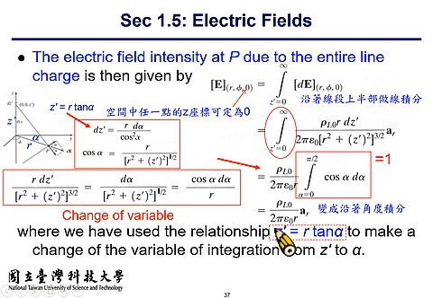The field intensity is pointing towards this direction, and the magnitude is this. Can you recall the relationship of electrical field and charge density, that is Coulomb's law?